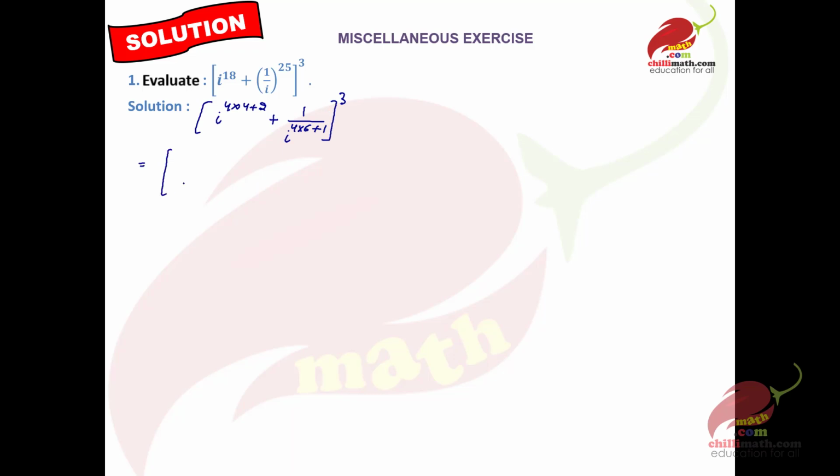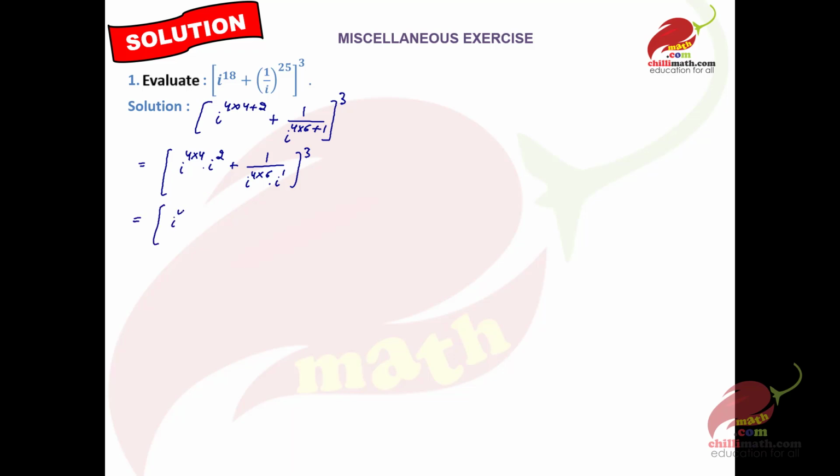Solving further, we can separate this as i^(4×4) into i^2 plus 1 over i^(4×6) into i^1, whole cube.